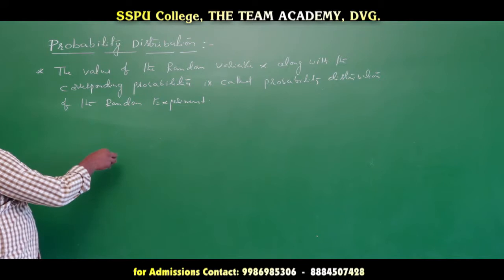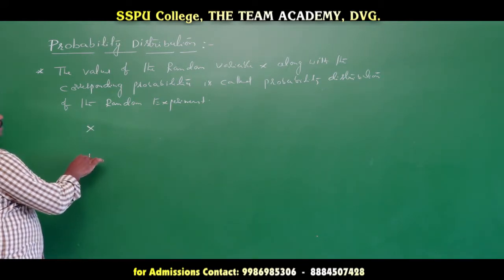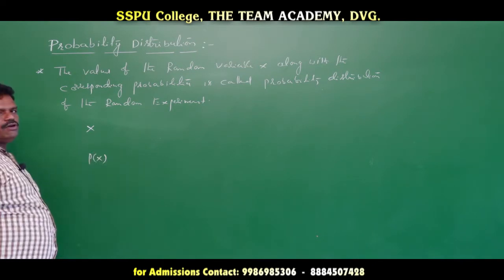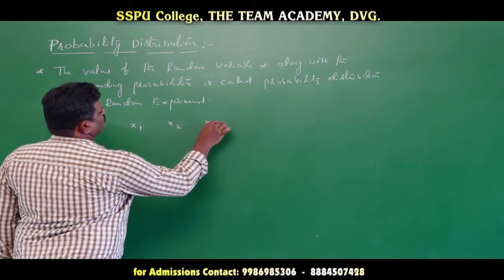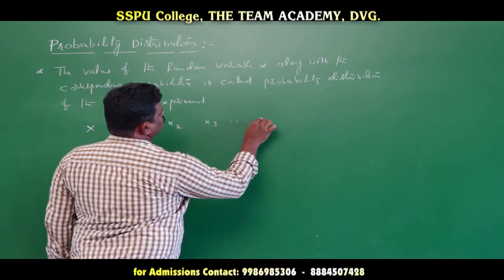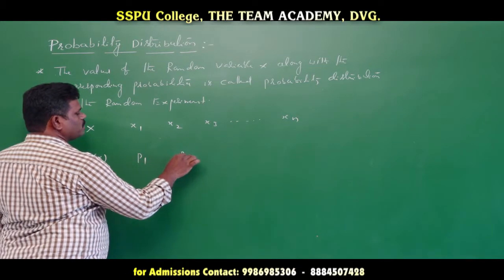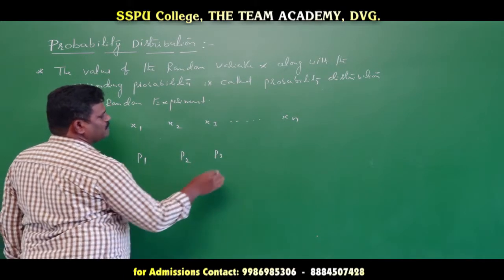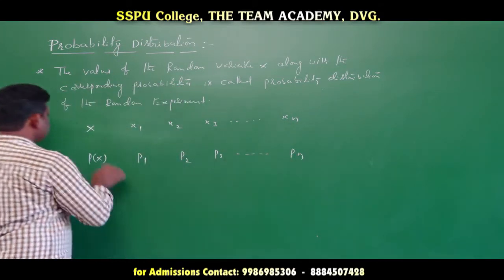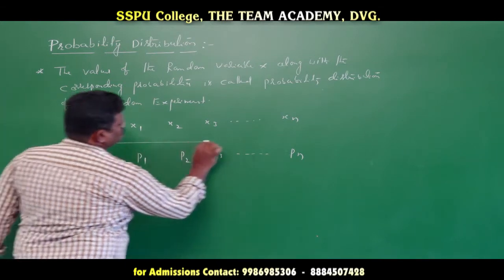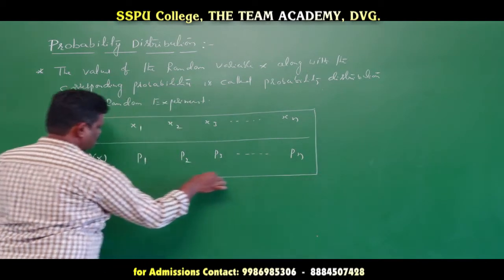So how do we define this? This is the random variable with corresponding probabilities, p of x. Here different values are possible, suppose x1, x2, x3 and so on up to xn, with corresponding probabilities p1, p2, p3, and so on up to pn. This represents the probability distribution of the given random experiment.